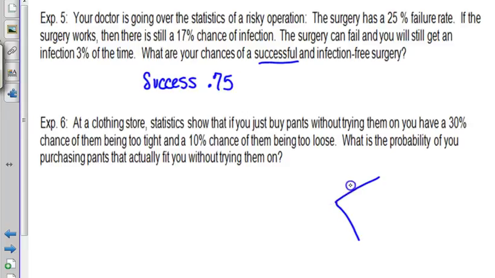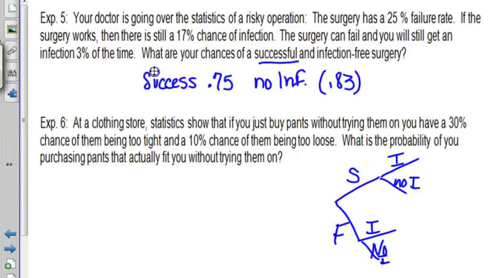So we have the surgery and it succeeds or it fails. If it succeeds, there's still a chance of infection, right? If it fails, you could still get an infection. So success and no infection. If it works, there's a 17% chance of infection, so 83, no infection.